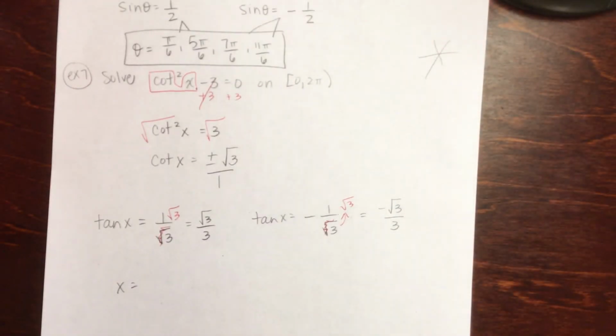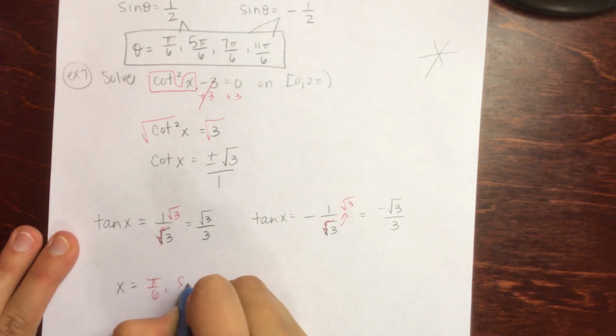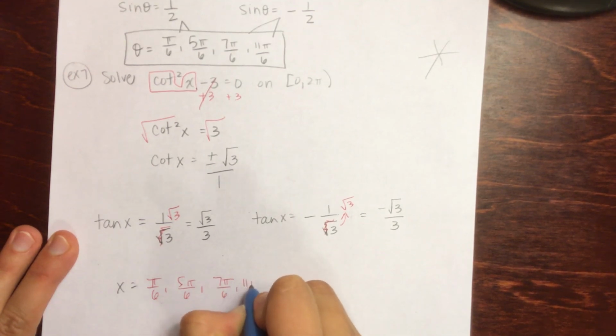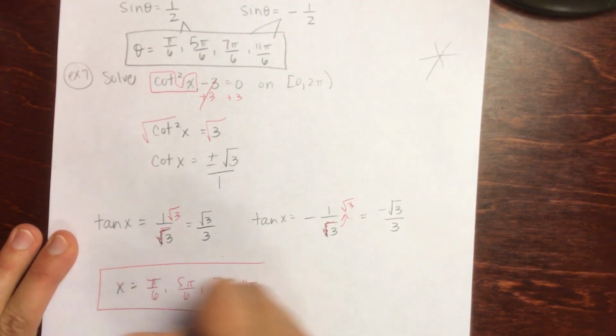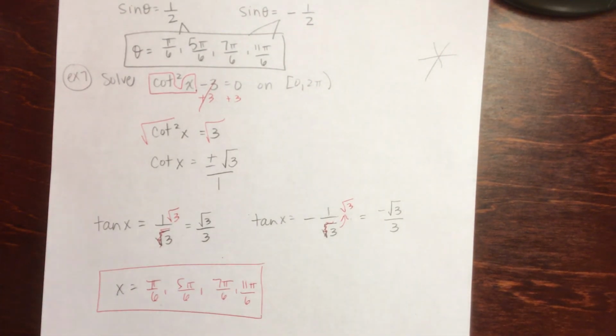Include all 4 angles in your final answer. And we're done. So for all of these, I isolated my trig piece, and then I used my unit circle to find my 2 angles.